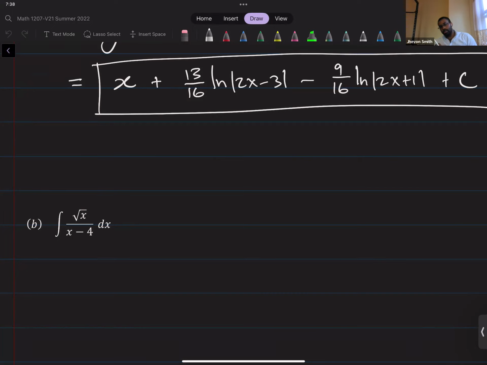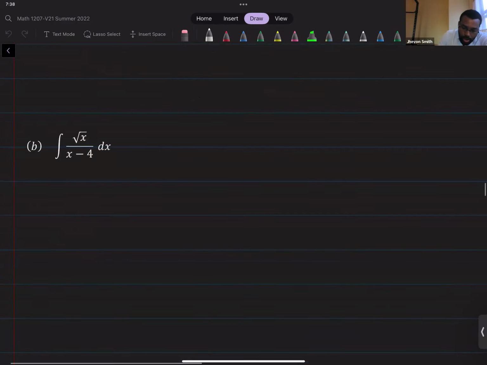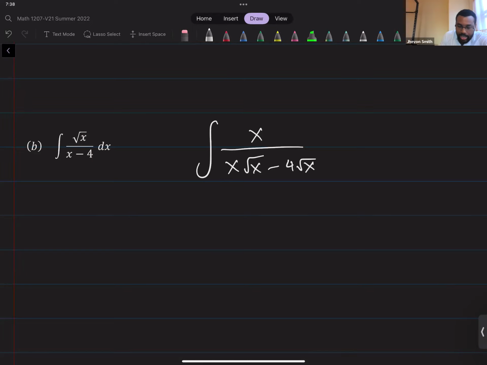Multiply by x over x. Oh, sorry, rad x over rad x. I mean, okay, so you would get x over x rad x minus 4 rad x. Does that help? Is that better?